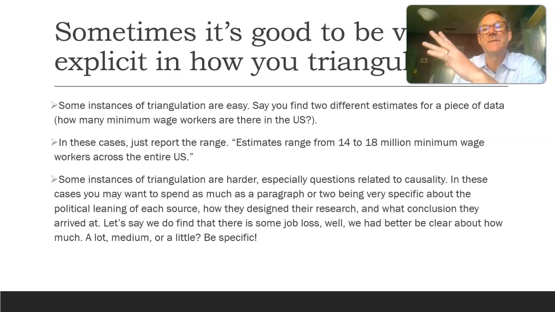But some instances of triangulation are harder, especially questions related to causality. In these cases, you may want to spend as much as a paragraph or two being very specific about the political lean of each source, how they designed their research, and what conclusion they arrived at.